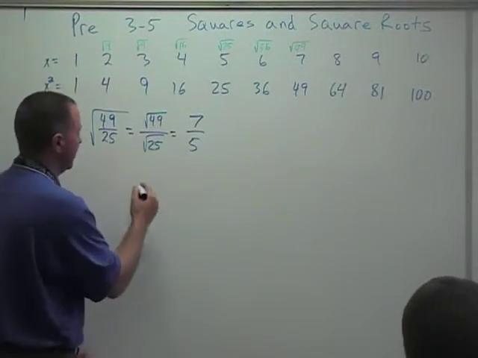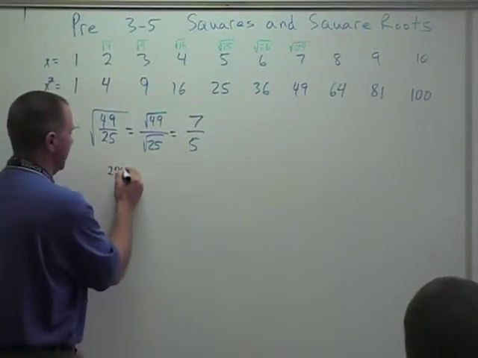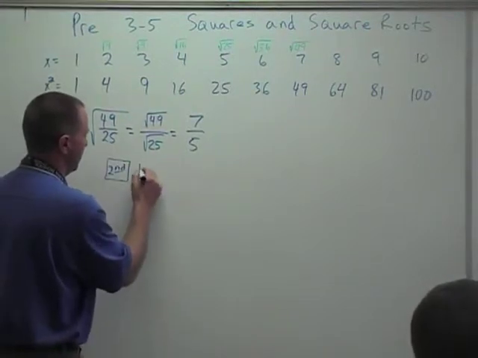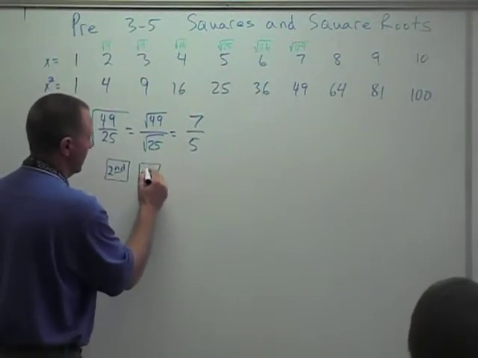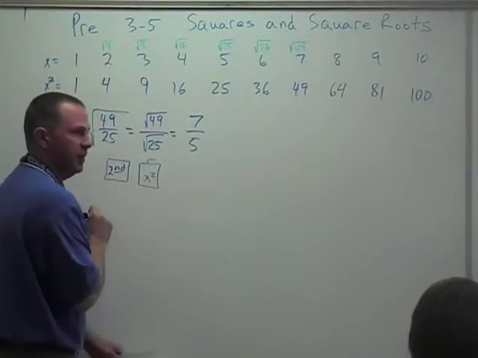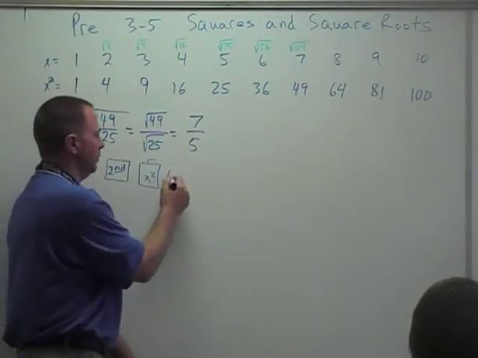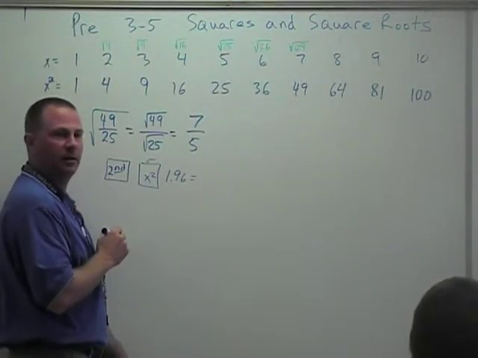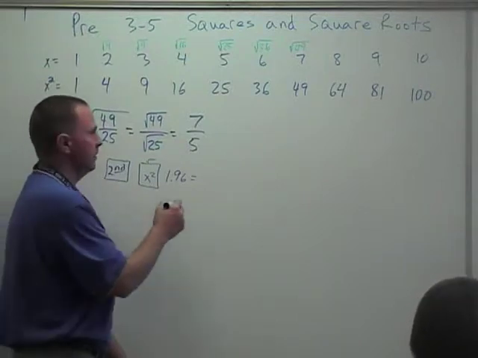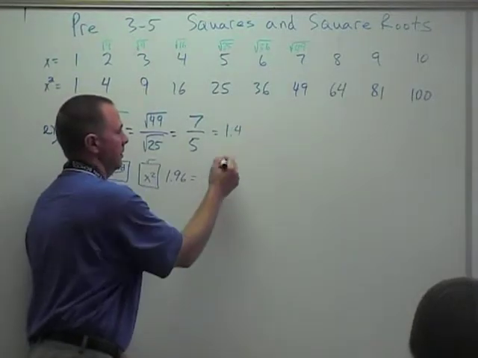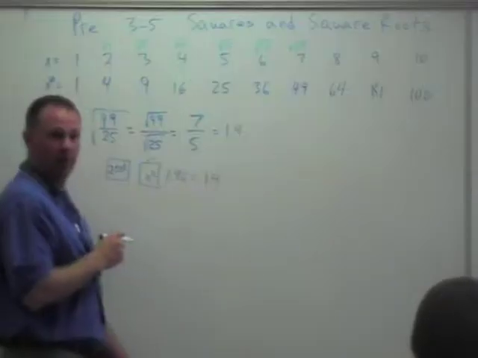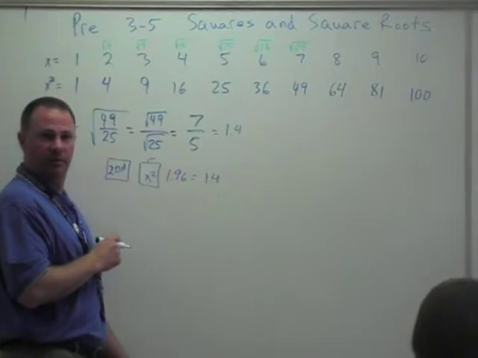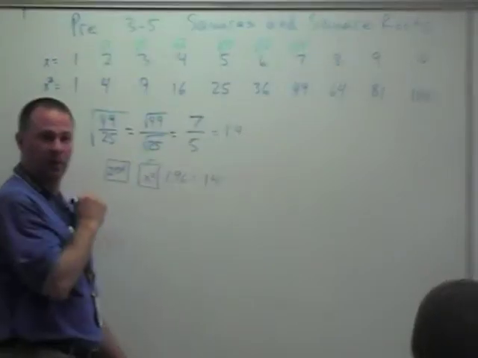On my calculators, you have to do this. The second key, and then I think it's the x squared key. It has the square root sign above it. And then you put 1.96 in. What do you get? Should be 1.4. Yeah, that's what it is. Okay. See, it works. That's my point.